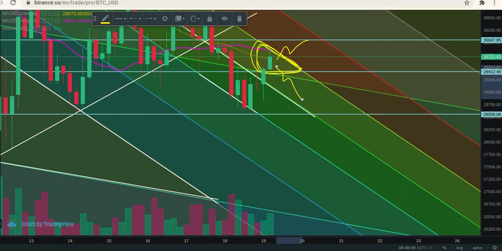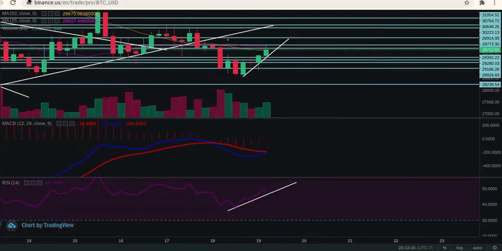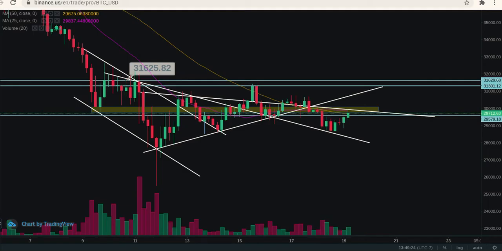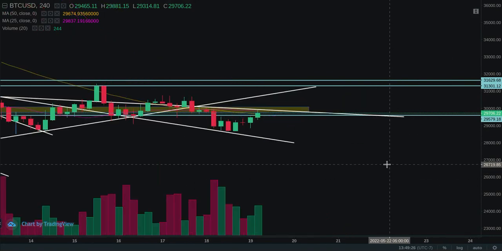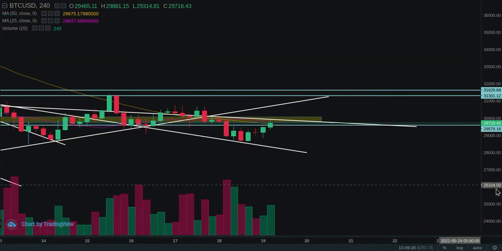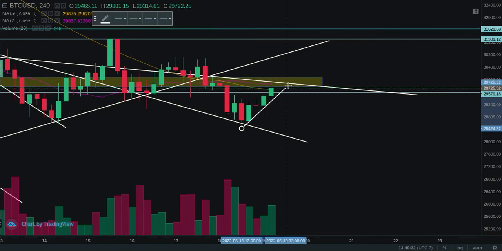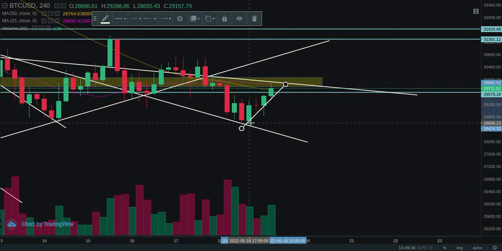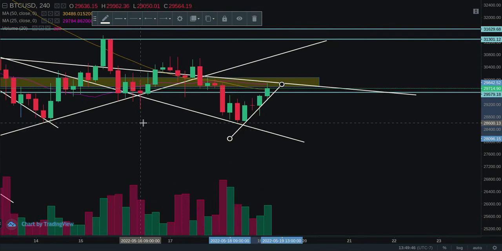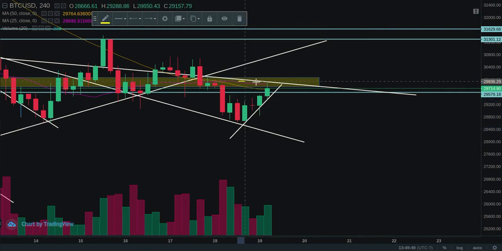I think that's my next guess. So I think, like I said, this could be that next triangle.